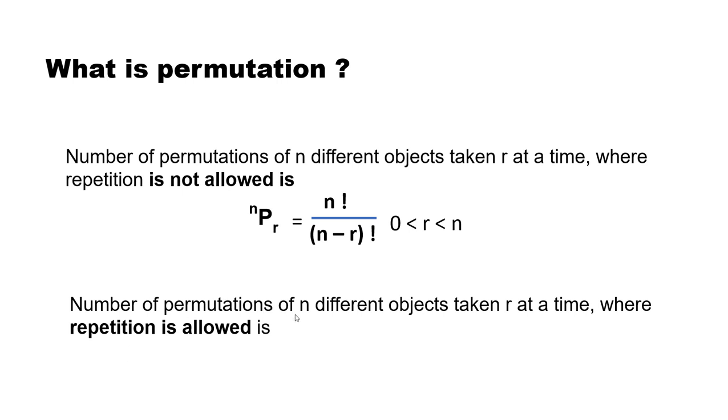Now, the number of permutations of n different objects taken r at a time where repetition is allowed is given by this formula, n to the power r. You can just go back a few minutes. You can find that we have established this formula in one of the problems that we have solved.